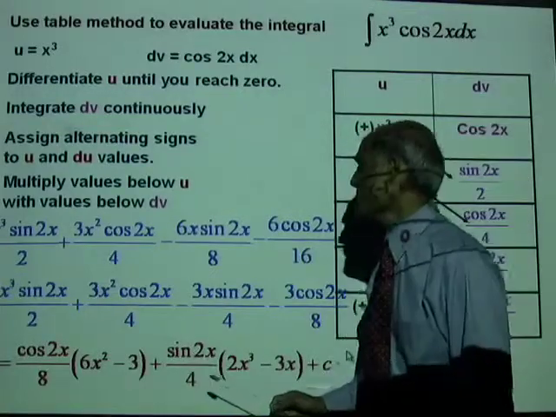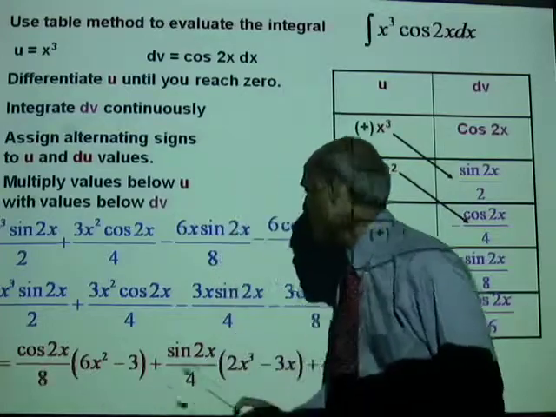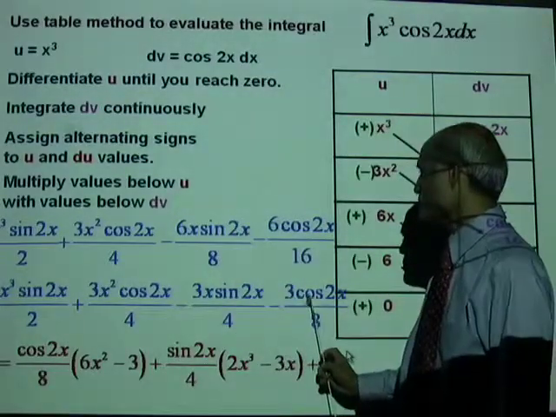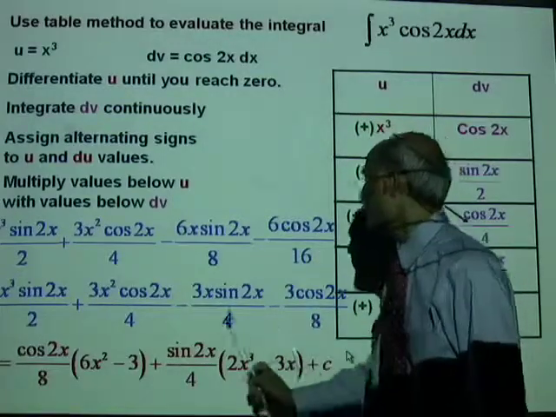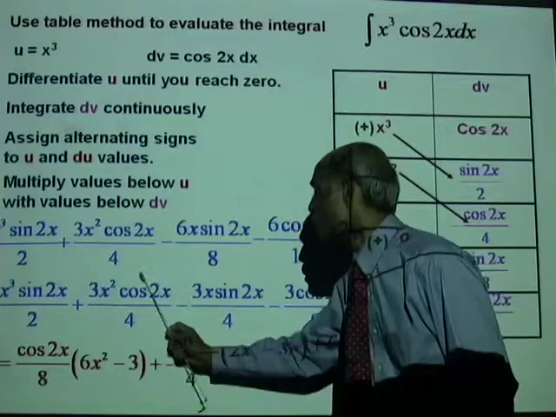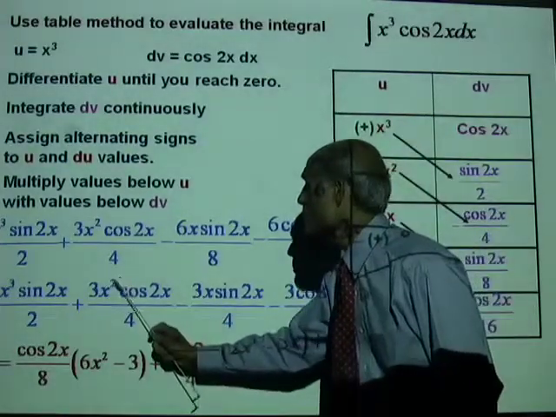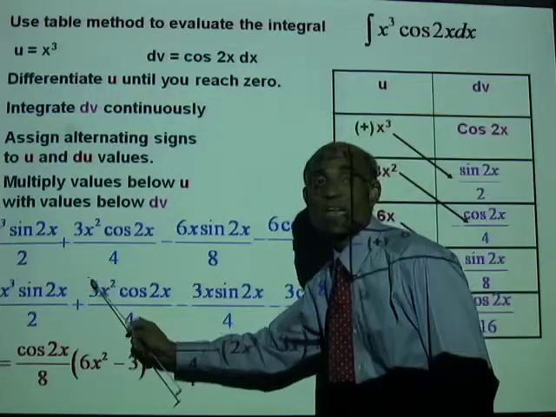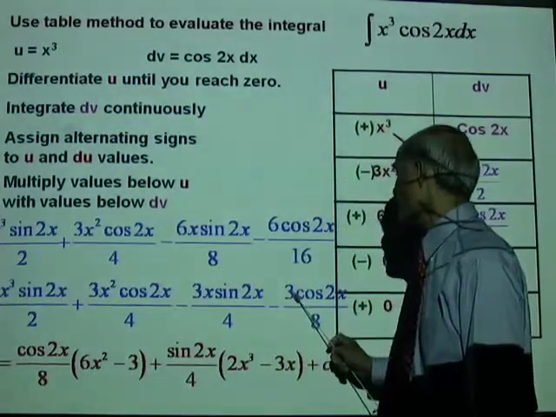I have factored out cos 2x over 8 from these two terms. Watch that carefully. That means this will multiply by 2, leaving a 6x squared there and a minus 3 there.